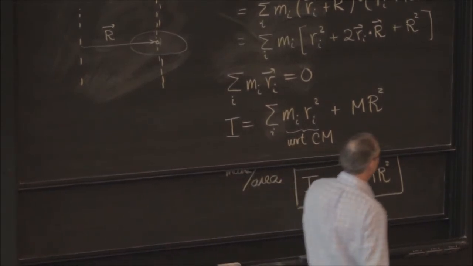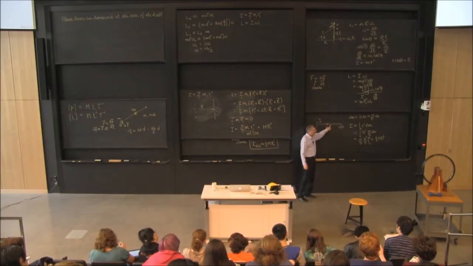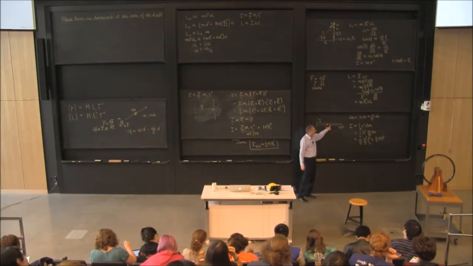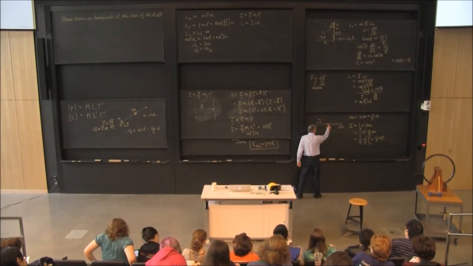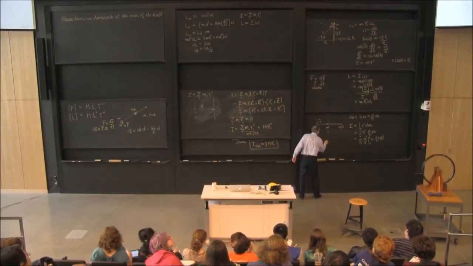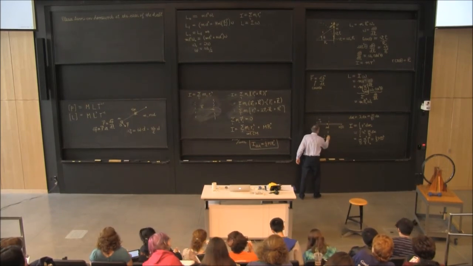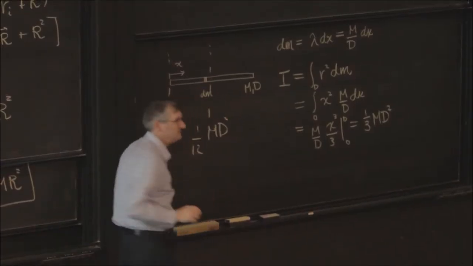So we're out of time. I would let you confirm that you could use this in reverse to determine that the moment of inertia for the rod rotating about its center will be 1/12 md squared.